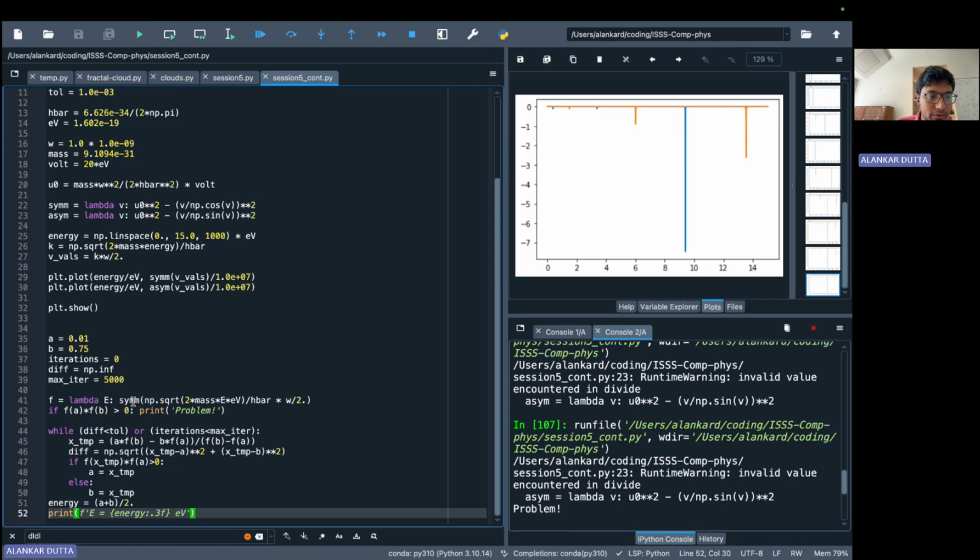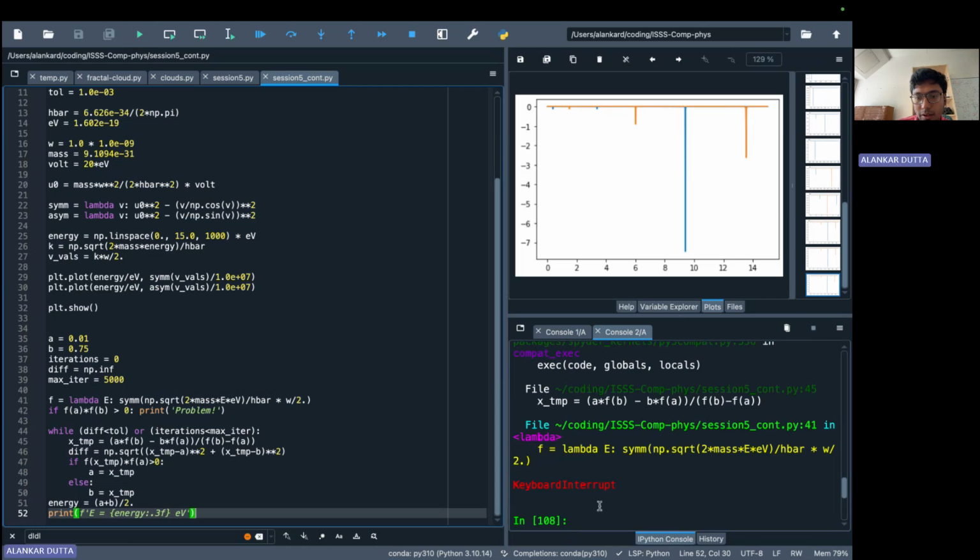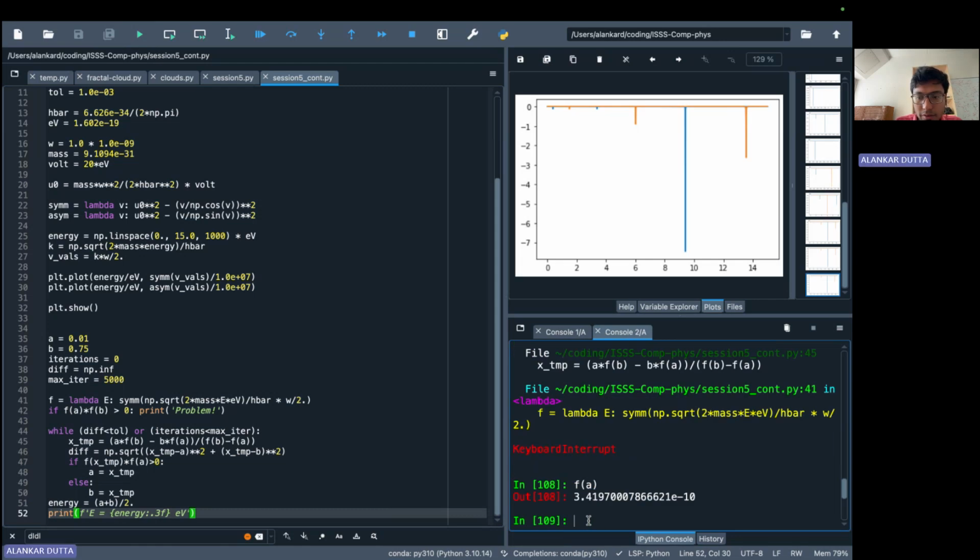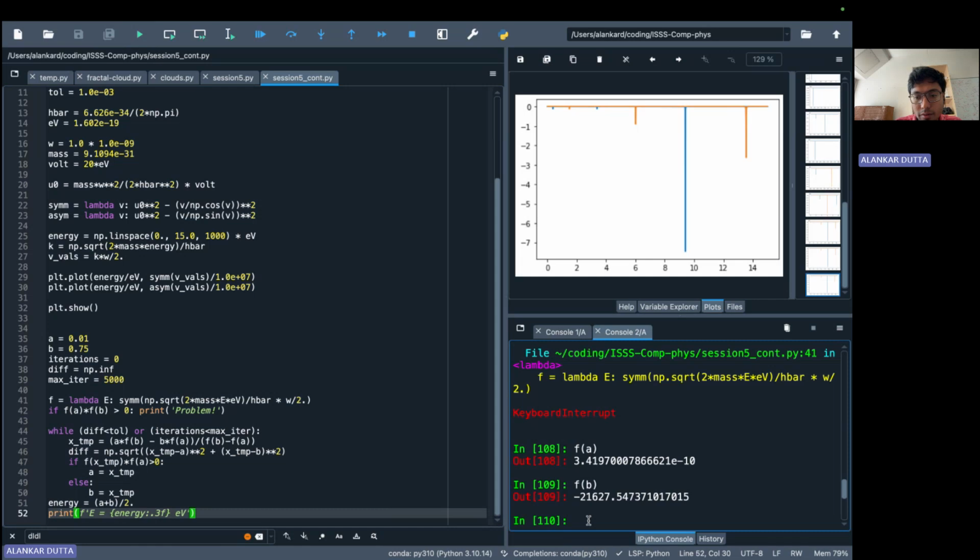It says that f of A and f of B are greater than 0. Why? So let's see. Then obviously your code is going to not behave properly. So let's say f of A is this, and let's say f of B, which is negative, right? So f of A times f of B is greater than 0 is what it says.